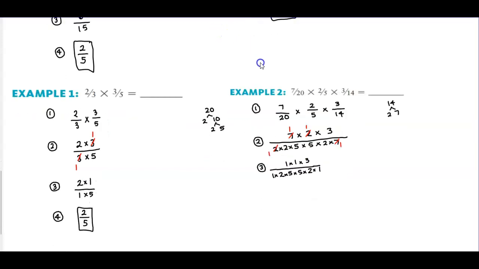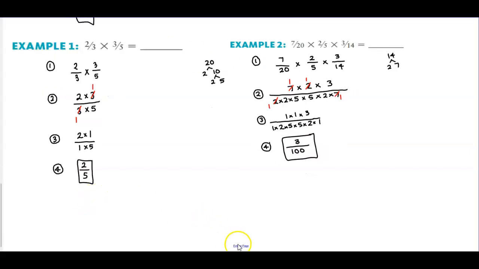Now let's multiply across. We have 1 times 3, which is 3. And then we have 1 times 2 times 5. 2 times 5 is 10. 5 times 2 is 10 times 1. And 10 times 10 is going to give us 100. So therefore the answer is 3 over 100.